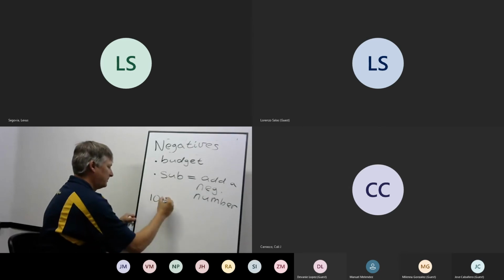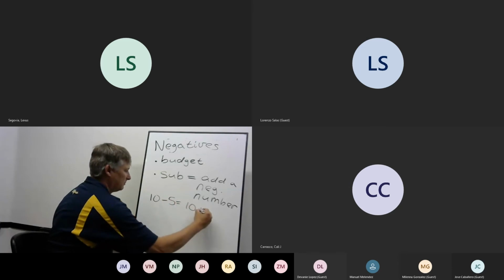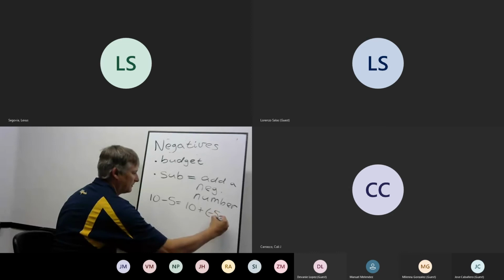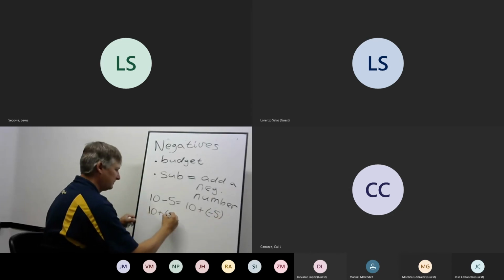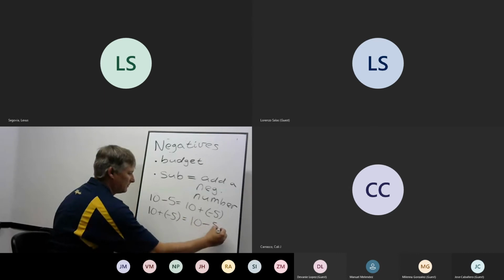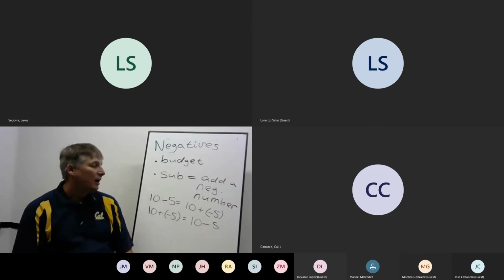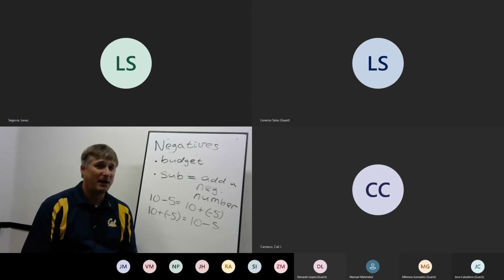So we can think of 10 minus 5 as 10 plus negative 5. Or we can think of 10 plus negative 5 as 10 minus 5. Either way is correct. So any questions about that?